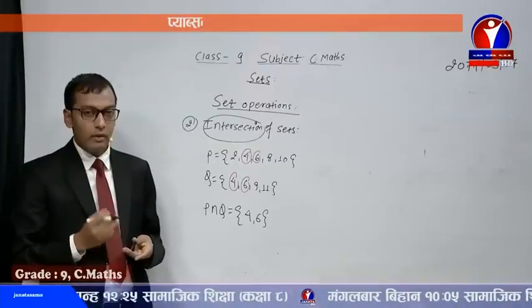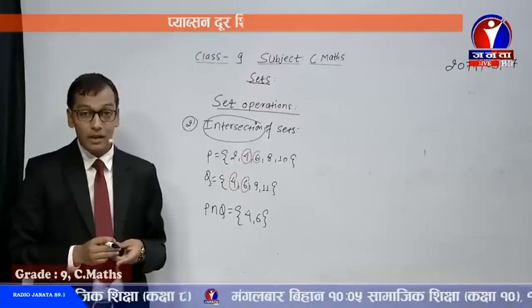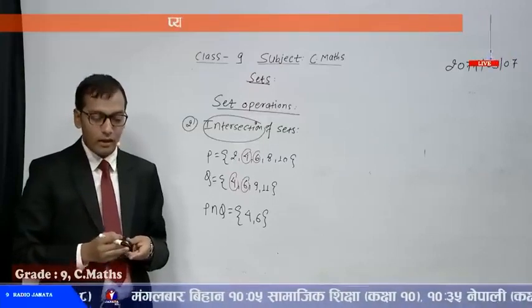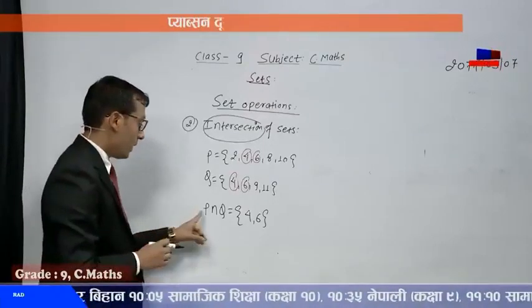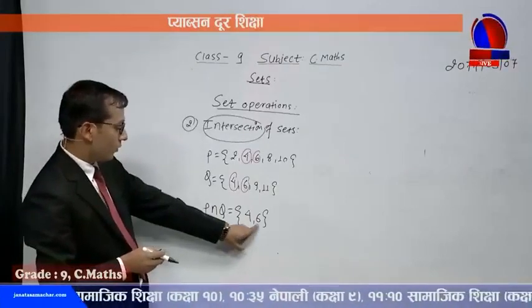The shaded part of the Venn diagram is the common part, and this is called intersection. So P intersection Q has the elements 4 and 6.